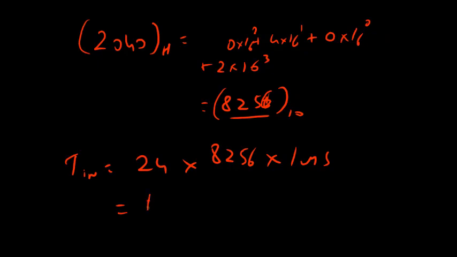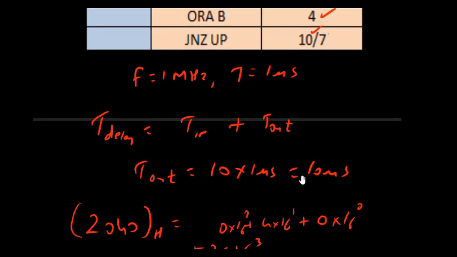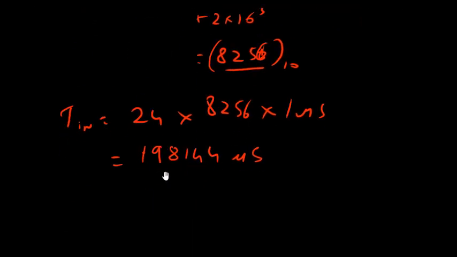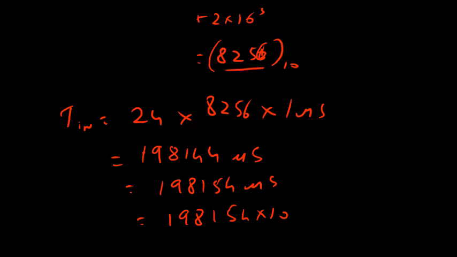The answer we get is 198144. Now this is in terms of microsecond. This is actually 10 microsecond more, so this is a very large number. Even if we add this, we get 198154 microsecond. So it is better to write this in terms of milliseconds: 198154 into 10 raised to minus 3 millisecond.